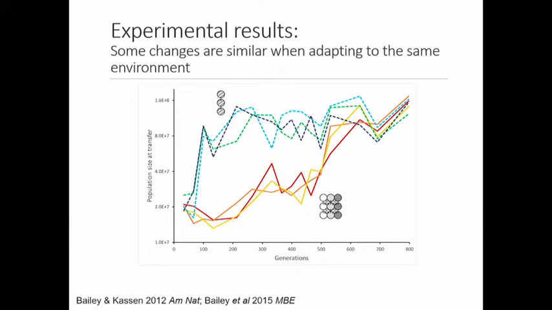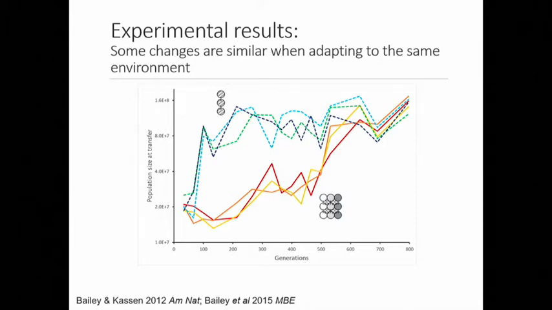This is some data showing you 3 replicate populations over the time period that we had them evolving. These orange and reddish lines are the 3 replicate populations that were evolving in the spatially structured complex environment, and these bluer shaded lines are the ones that were evolving in the mixed complex environment.